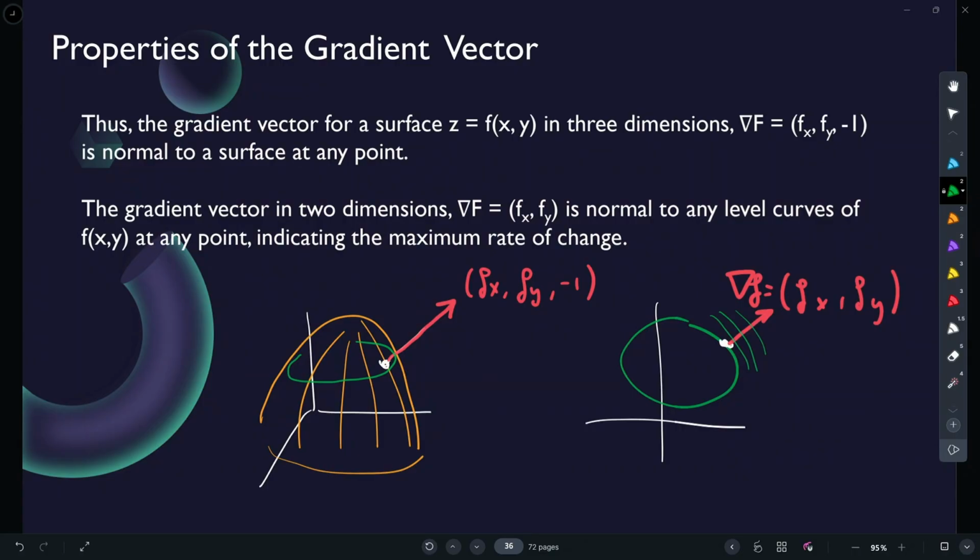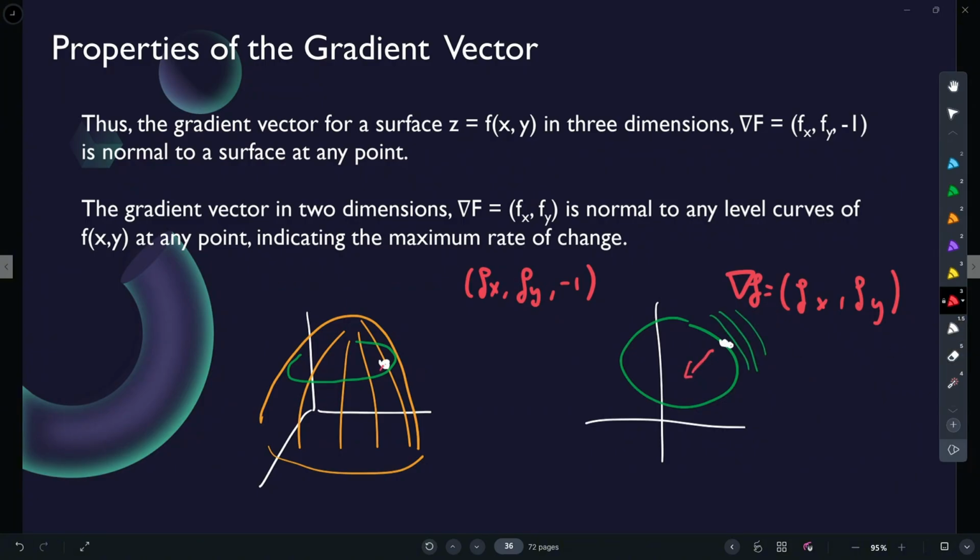And that indicates that in terms of level surfaces, it's telling me that in that direction there is the steepest increase. I think, in fact, in this case the vector would be pointing in the opposite direction, to indicate that the growth would go in that direction. So let me just redraw it.